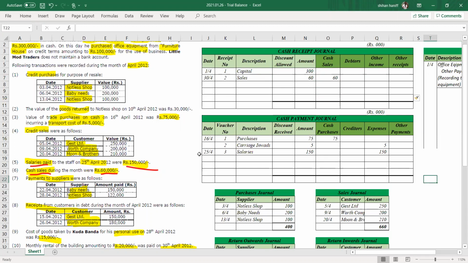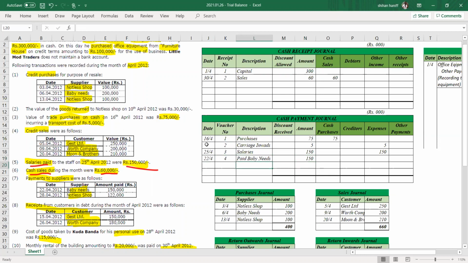Right. Now we have payment to suppliers, 22nd April. Paid baby needs 150.